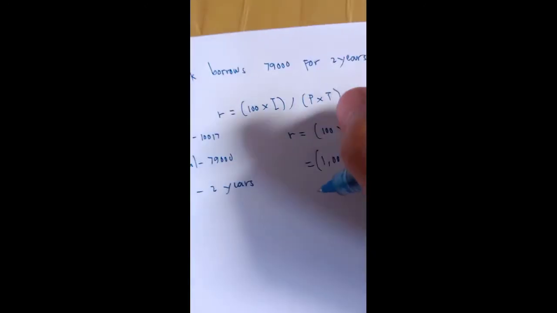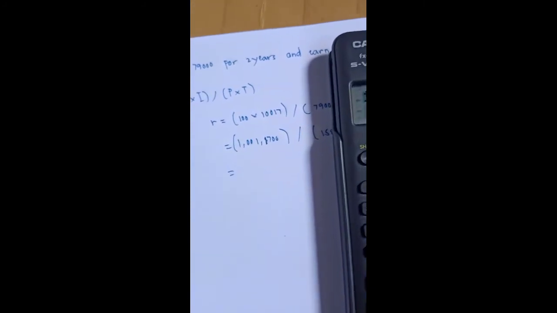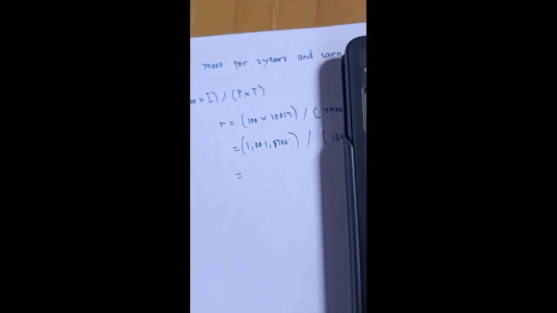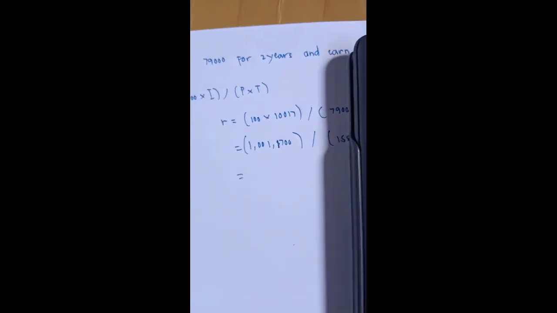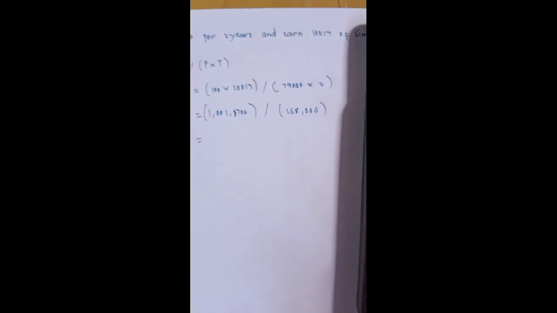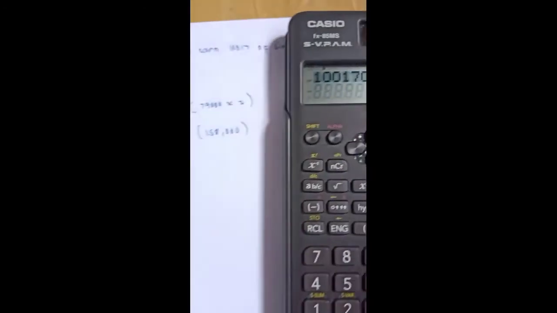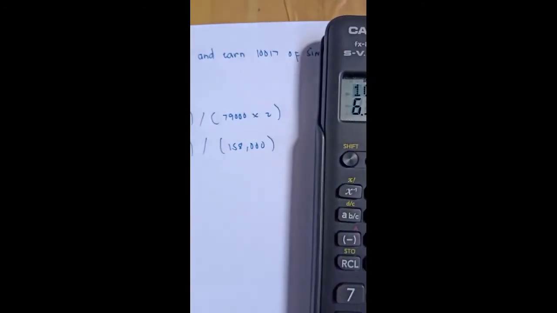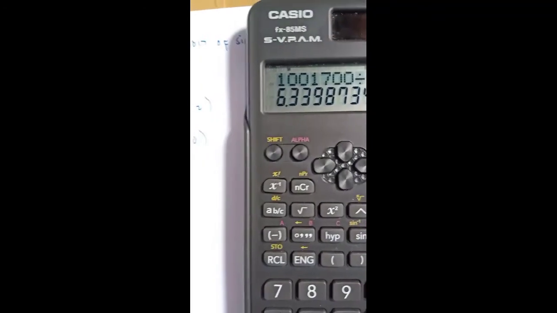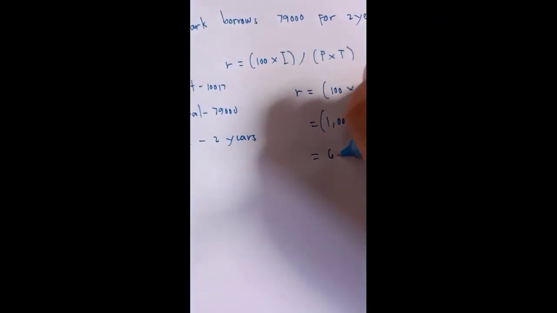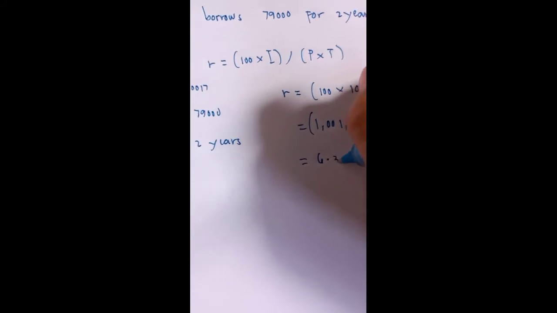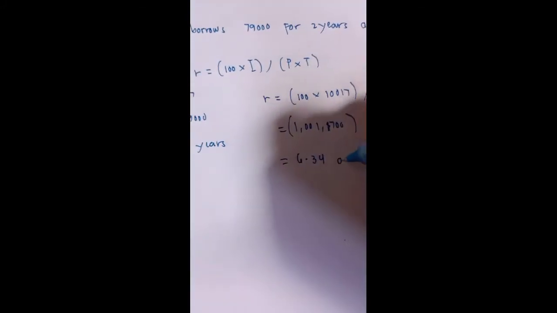So 1,001,700 divided by 158,000 will be 6.34, or 6.3. And that's it. That's example number 6.